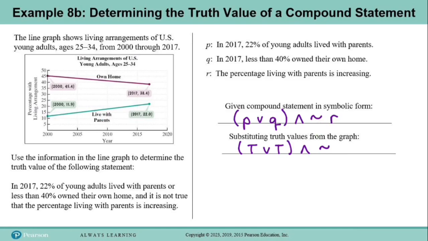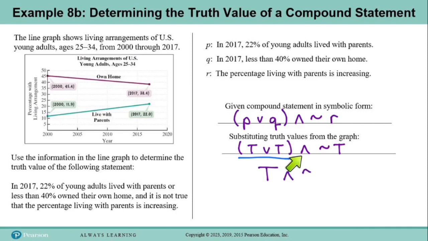And so we'll put a true value on statement R. Okay, now let's analyze each piece. So inside the parentheses, we have an or statement. So it says true or true. And we know that an or statement is true if one or both components are true. And so this or statement is true. So I'll just put that as true.